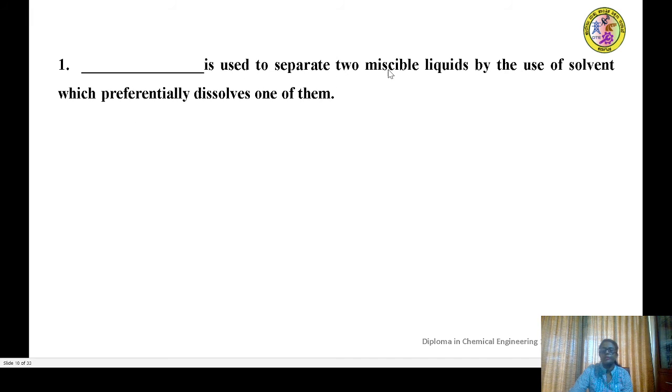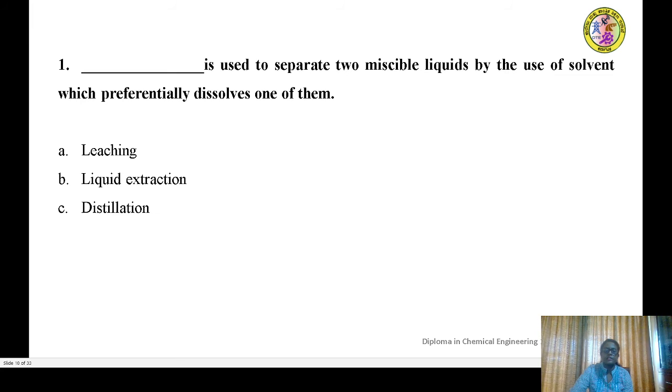Dash is used to separate two miscible liquids by the use of a solvent which preferentially dissolves one of them. The options given for this question are leaching, liquid extraction, distillation, none of this. Leaching cannot be the right choice because leaching is that operation in which a component from a solid mixture, not a liquid mixture, is separated out.